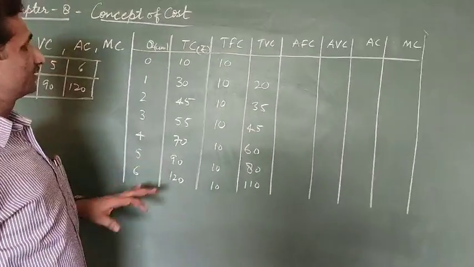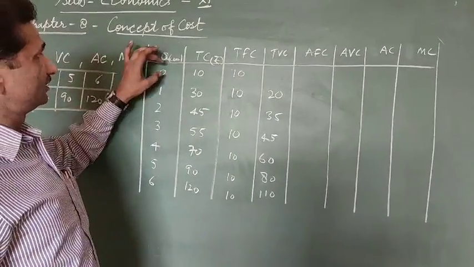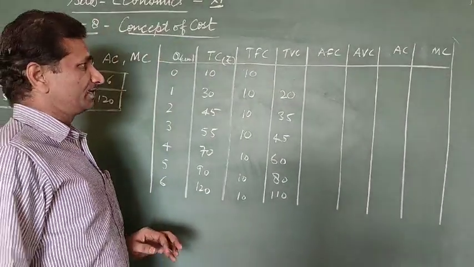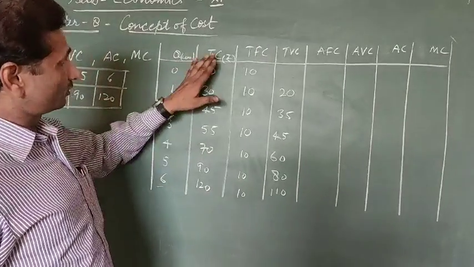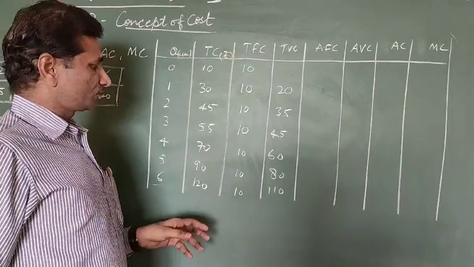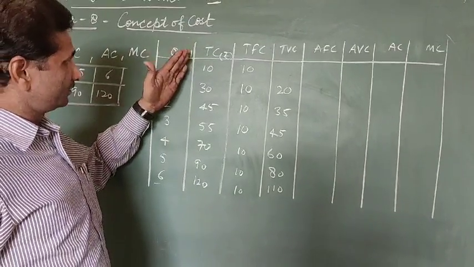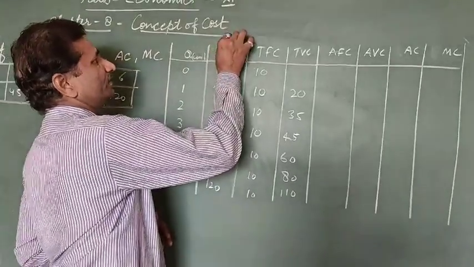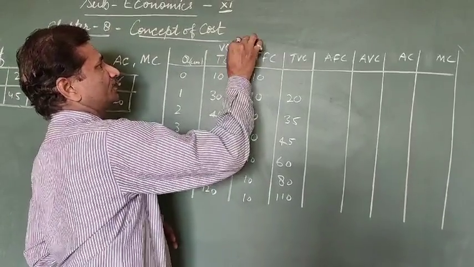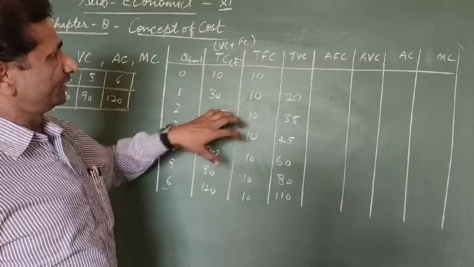In this way we can understand that total fixed cost remains the same. When production is 0, even then the total cost is 10, and up to the sixth unit total fixed cost remains the same, whereas total cost is the sum total of variable cost and fixed cost. So both the costs are included here.